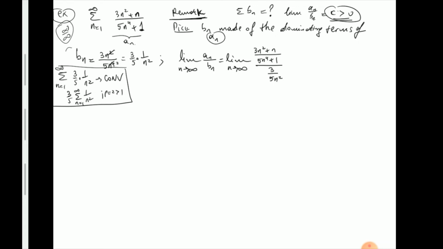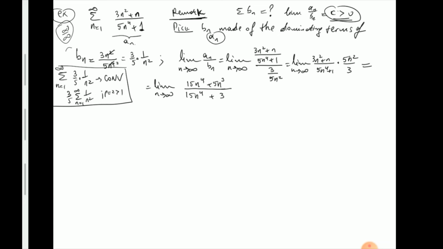Okay, and then let's simplify this a little bit. Times 5n squared over 3, and we have to distribute 5n squared, so that's 15n to the power 4 plus 5n third, divided by 15n to the power 4 plus 3.